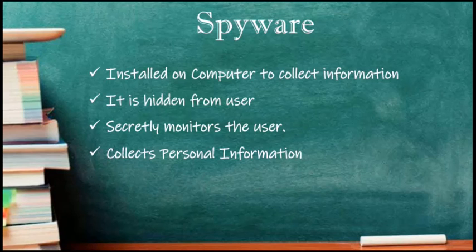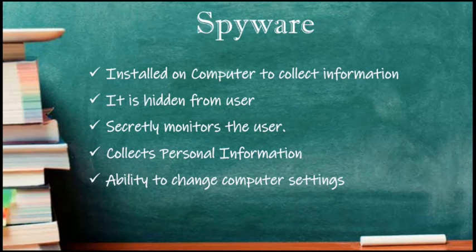Spyware may also have the ability to change computer settings, which may result in slowing of internet connection speeds and slowing of response time, which may result in the user complaining about the internet speed to the internet service provider.